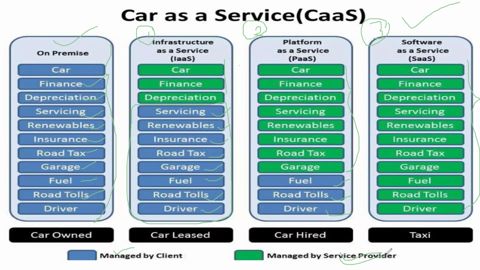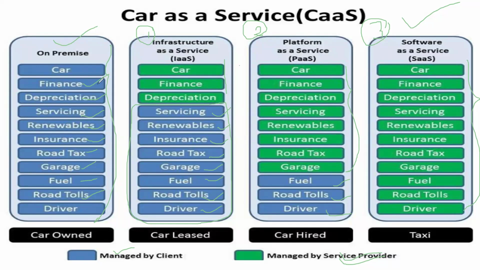Finance, depreciation, servicing, renewables, insurance, road tax, garage, petrol, and road tolls, everything they take care of. Only you pay the money for usage. If you are using Ola or Uber, everything will be taken care of by the provider. Only thing is, you need to pay the amount.